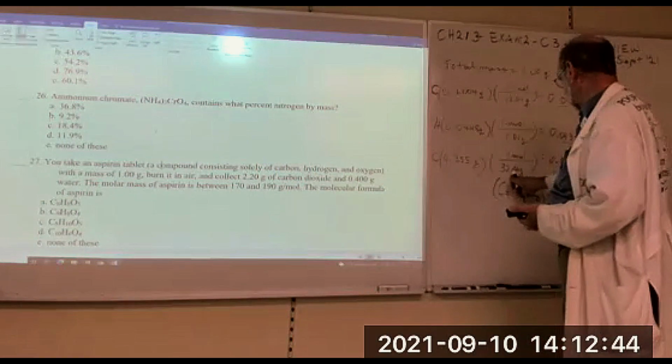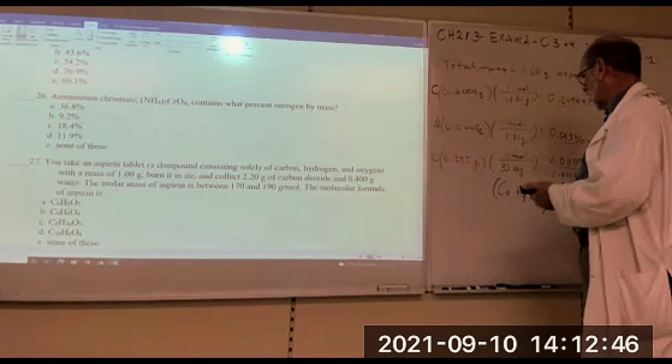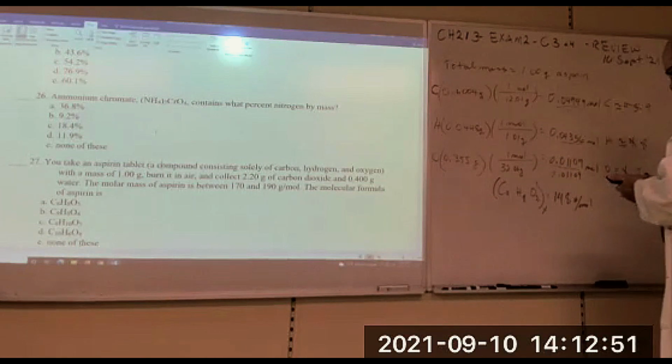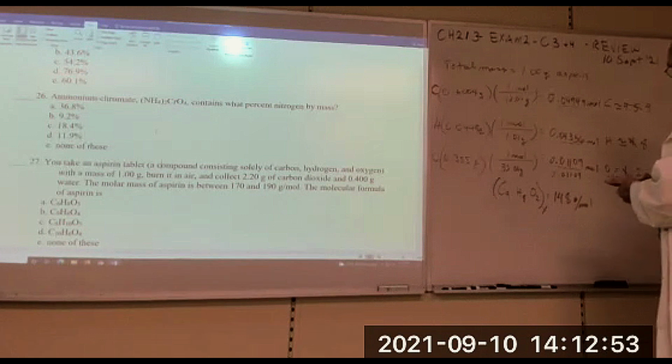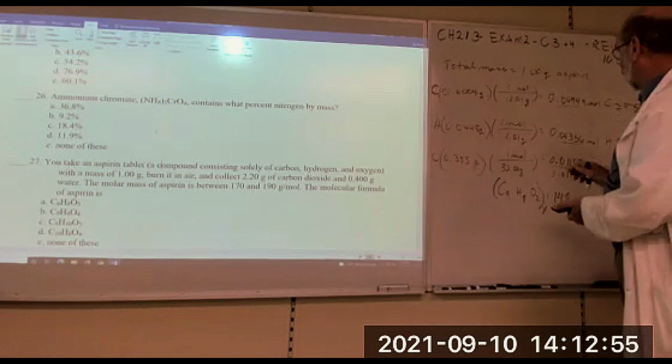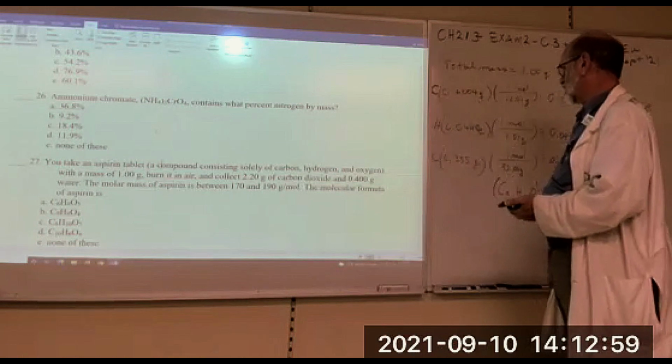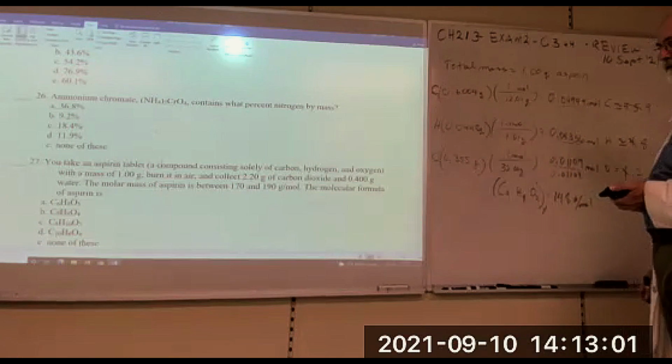Did I do this calculation right? 0.355. Yeah. So if there's a mistake somewhere, it's in arriving at these values. That's where it happened.